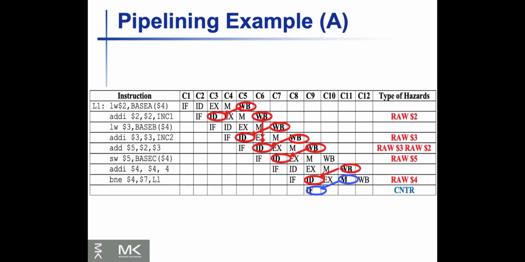Because however many instructions you have, you just have to add 4, because you have to pay the price of filling and draining the pipeline, the last 4. And so you can easily compute this 12. In a pipeline of 5, CPI of 1 would be for everything, but then you add 4 more because your pipeline is 5. So in a perfect world, without any stalls, with 8 instructions, you would have 12 cycles.